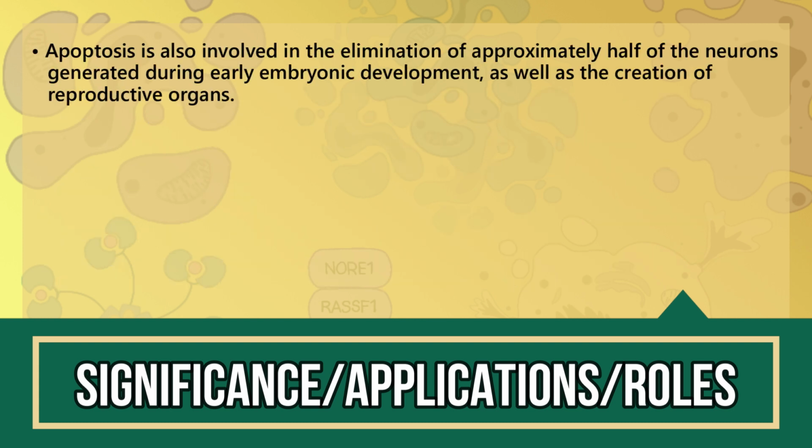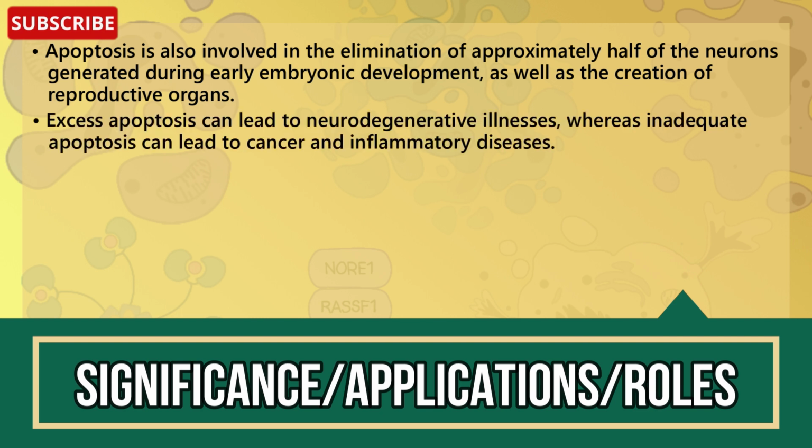Apoptosis is also involved in the elimination of approximately half of the neurons generated during early embryonic development, as well as the creation of reproductive organs. Excess apoptosis can lead to neurodegenerative illnesses, whereas inadequate apoptosis can lead to cancer and inflammatory diseases.